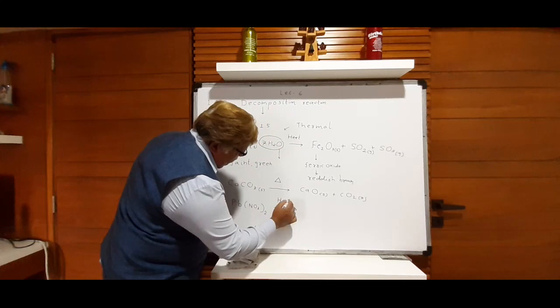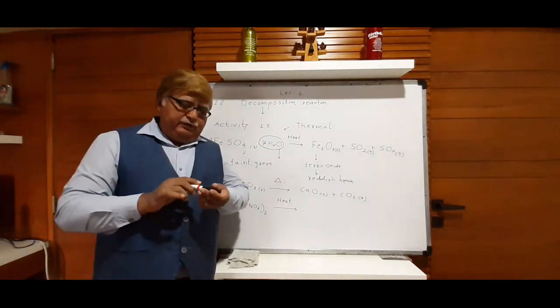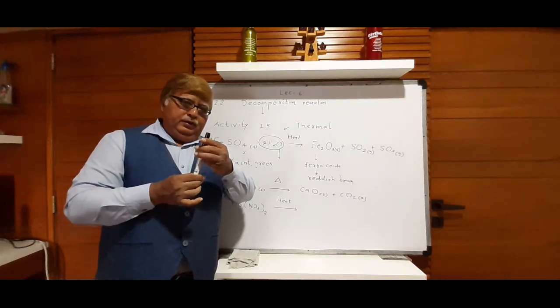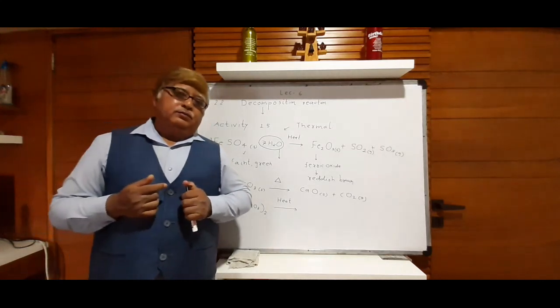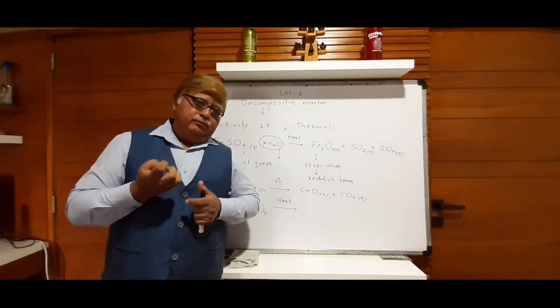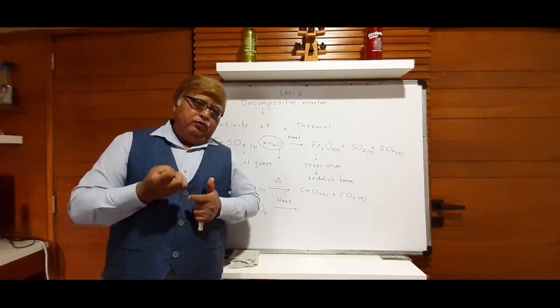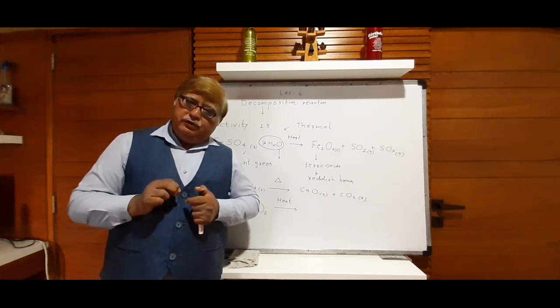So within a short period of time, when you heat it, what do you observe? Suppose you have taken lead nitrate in some test tube like this, and you heat it. Within a short period of time, you will see brown fumes coming out of the test tube. What does it suggest?